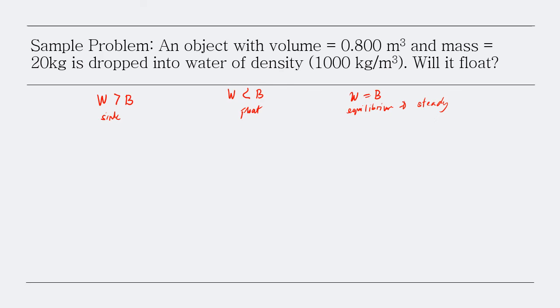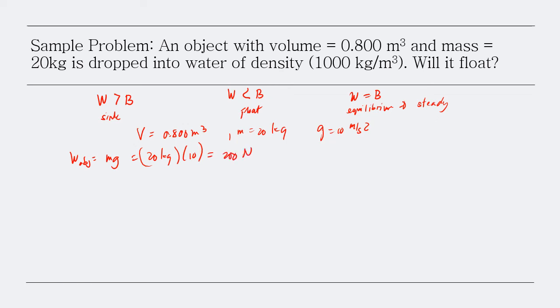Here is the given: the volume is 0.8 cubic meter and the mass is 20 kilograms. Let's use g equal to 10 meter per second squared. Let's compute the weight and the buoyant force. The weight of the object is mass times gravity, so 20 kilograms times 10, which is 200 Newton.